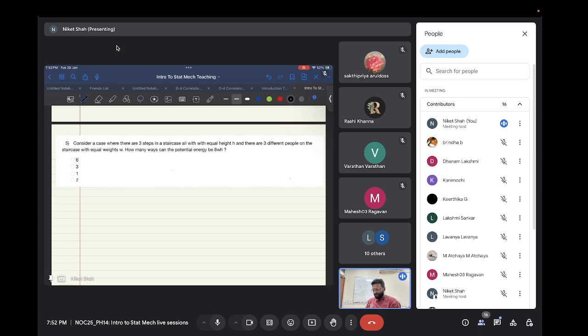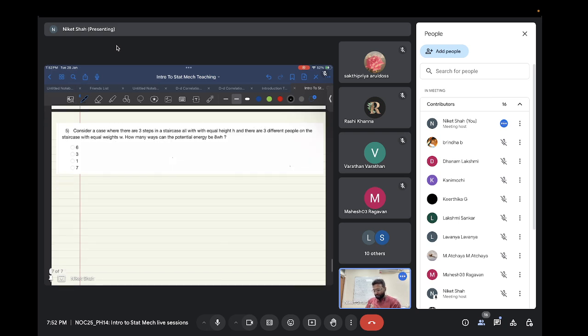Consider a case where there are three steps in a staircase, all with equal height h, and there are three different people on the staircase with equal weights W. There are three steps basically. So this is 1, this is 2, and this is 3. Step number 1, step number 2, step number 3.